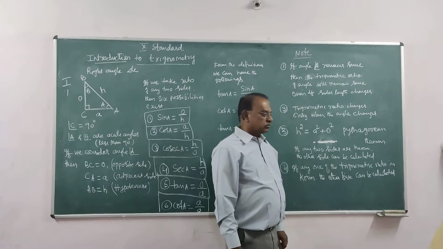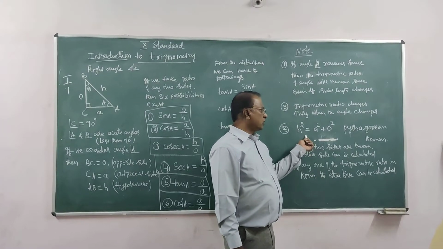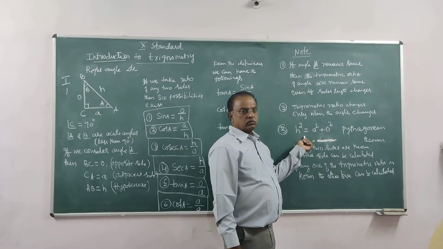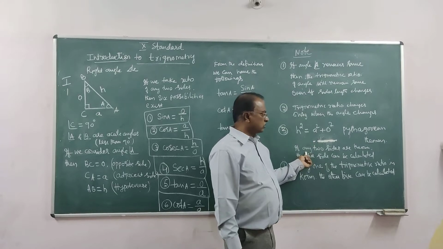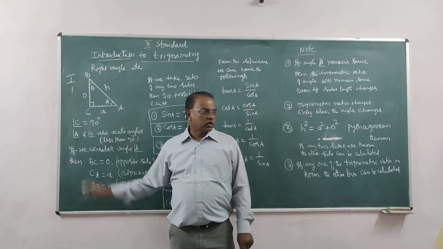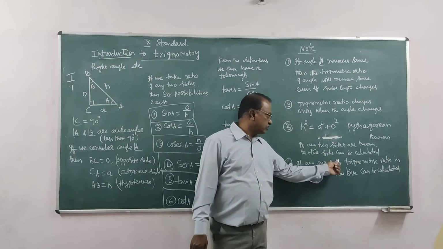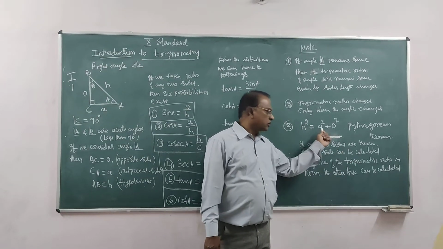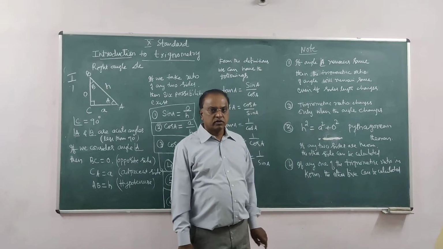This Pythagorean equation is useful: if you know the length of any two sides, the length of the other side can be calculated. There is great importance to the Pythagorean theorem.